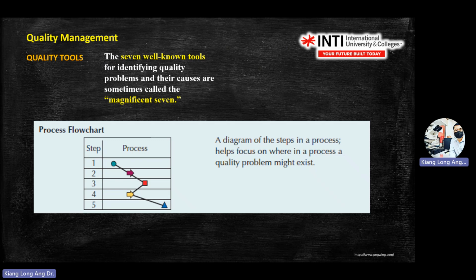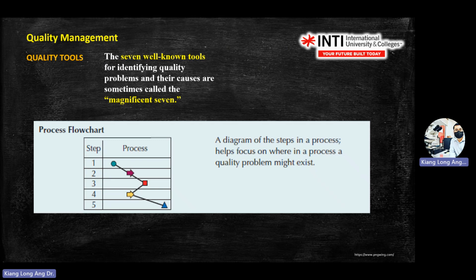Process flow chart is the first one. A process flow chart looks something like this, oversimplified. You have step 1 and then the process. The process uses different symbols, but you draw the process from step 1 until step 3, how the process flows. So this is a process flow chart.